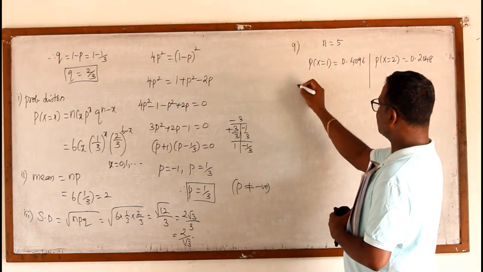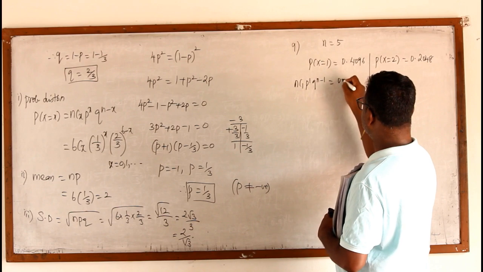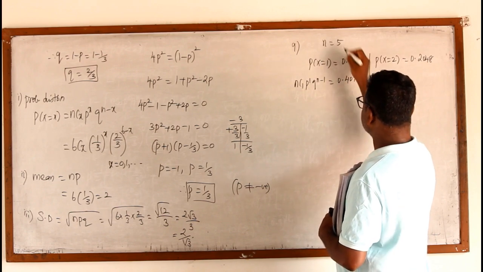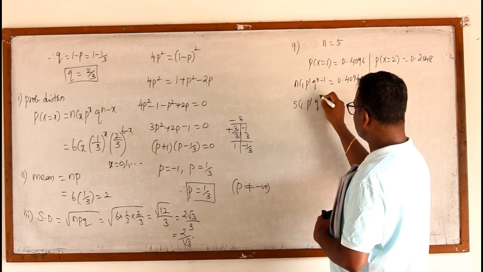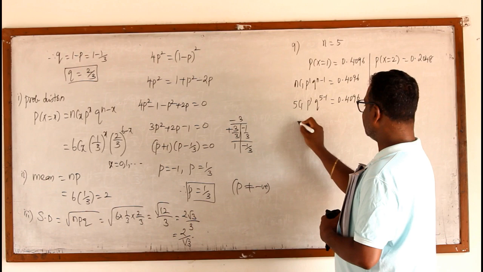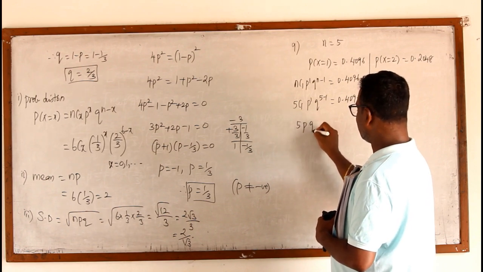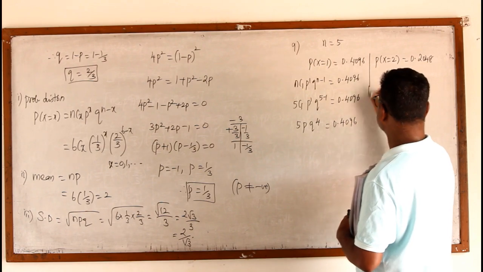P of x equal to 1 means nC1 p power 1 q power n minus 1 is 0.4096. Instead of n, 5C1 p power 1 q power 5 minus 1 is 0.4096. 5C1 is 5, so 5 p q power 4 is 0.4096.